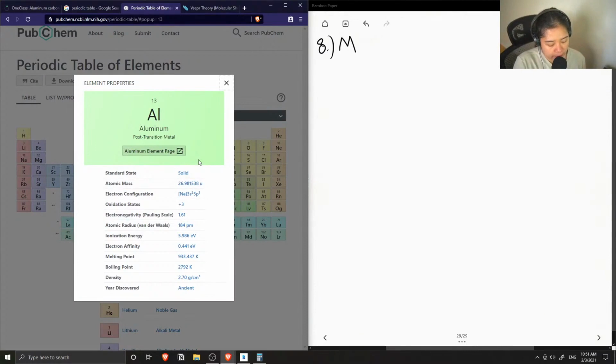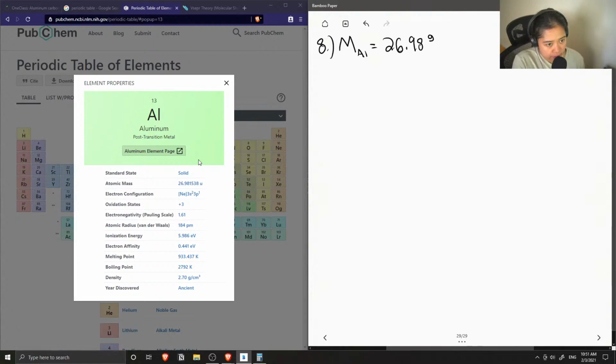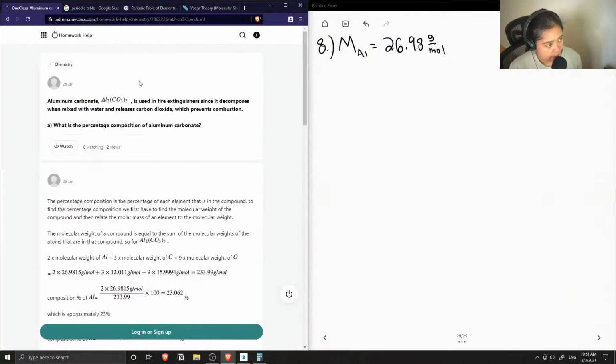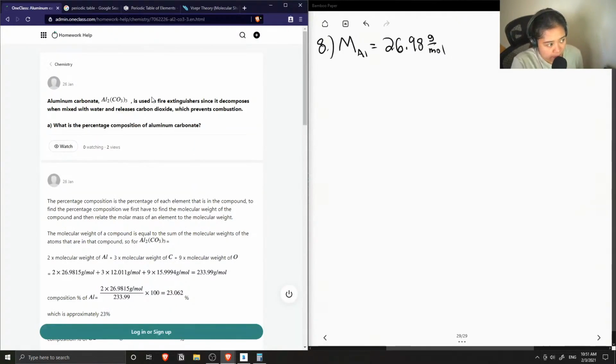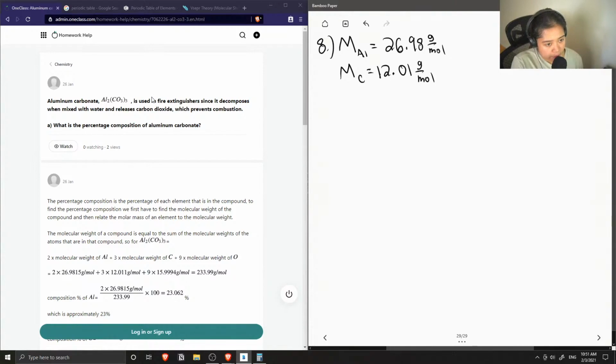So if we looked up the molar mass of aluminum, it's around 26.98 grams per mole. And we also need the molar mass of carbon and oxygen. The molar mass of carbon is 12.01 grams per mole, and the molar mass of oxygen is around 16 grams per mole.